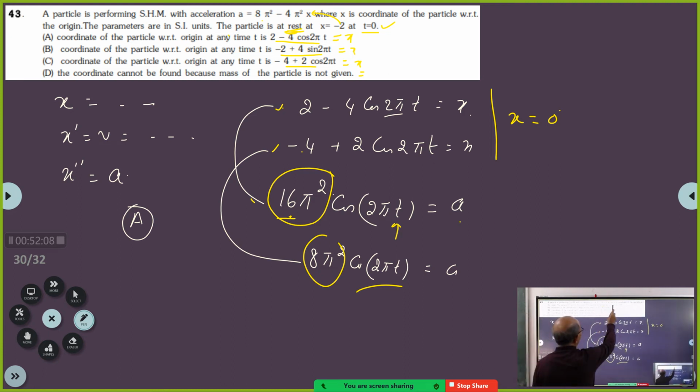And therefore if you put x is equal to minus 2 here, you are going to get 16 pi square. Therefore I will go with A. Got it? Yes, it's correct. So A is the option, going by the logic.